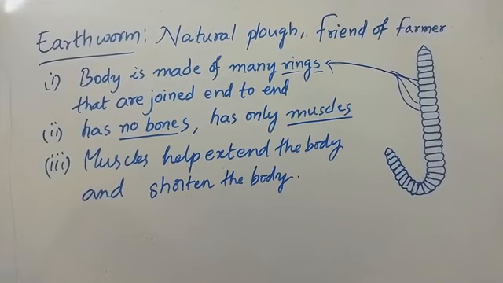Let us learn about the gait of earthworm. Earthworm can generally be found in moist soil, especially during rainy season. Earthworm is also called natural plow because a plow lifts the soil up and loosens it so that air can enter inside.